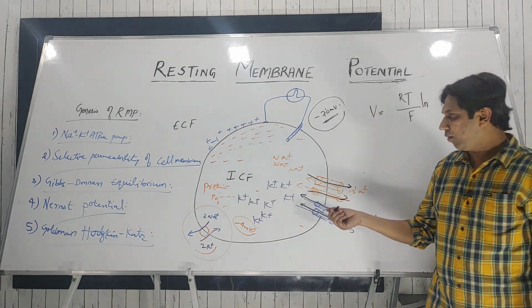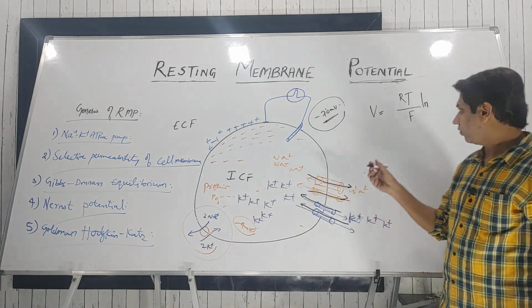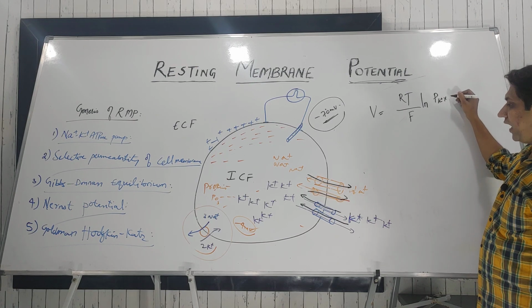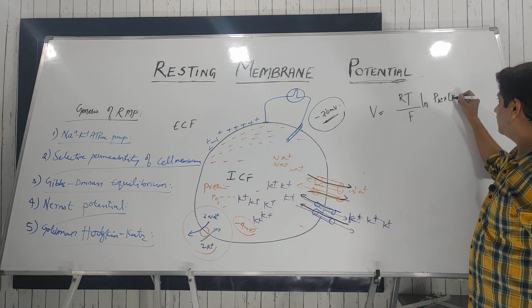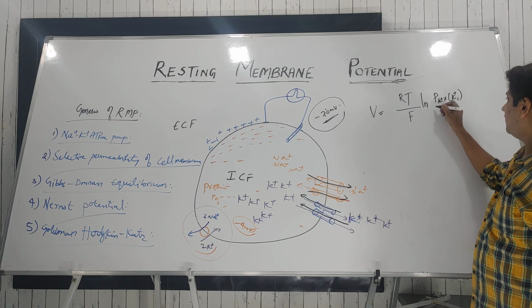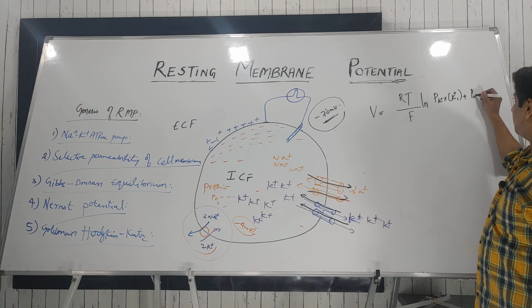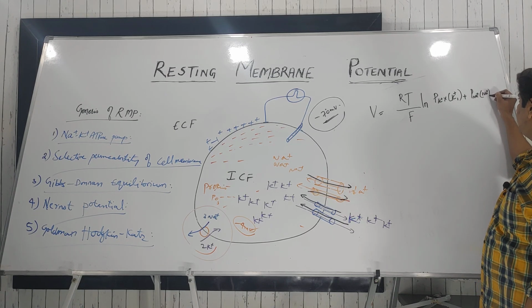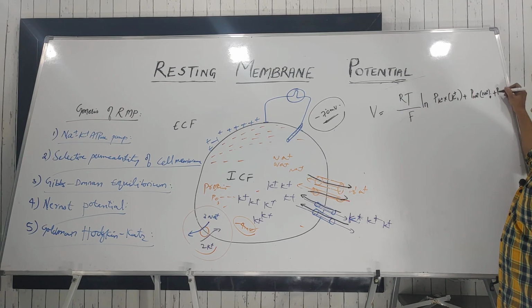As I said, potassium is more permeable than sodium, so the permeability of the potassium is multiplied by the concentration of the potassium inside the cell, plus the permeability of the sodium multiplied by the concentration of the sodium inside the cell, plus the permeability of chloride.